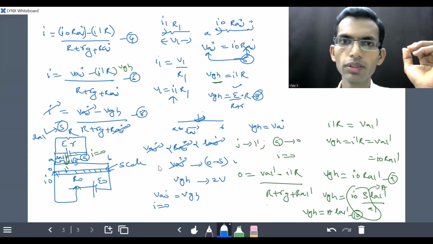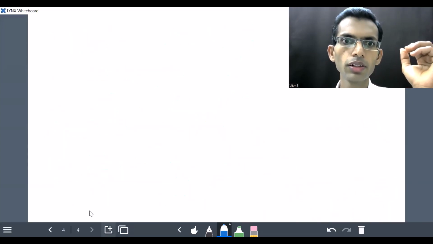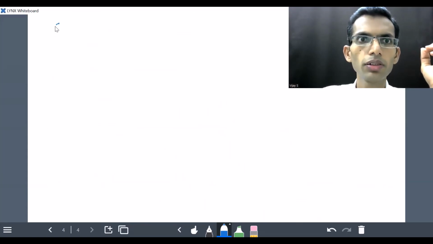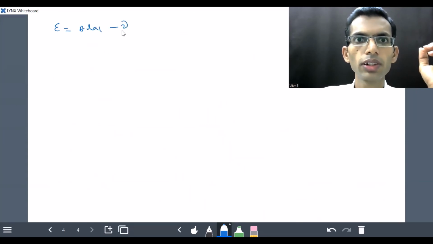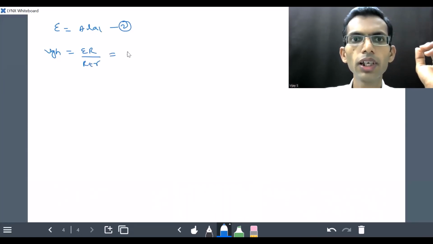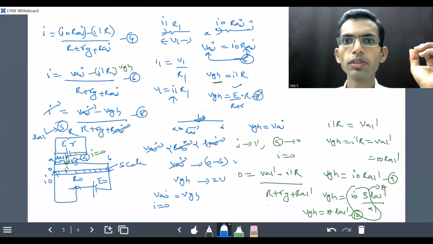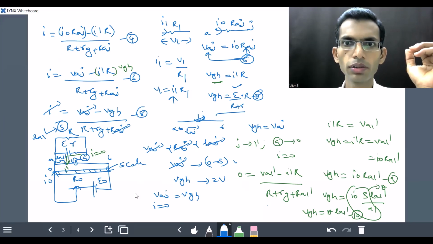Both equations let us take to the next whiteboard. So what we have, E is equal to ALA1 from case 1. This is equation 2. And VGH is equal to, we know, ER by R plus r, from equation 7, which is equal to A into LA1'.